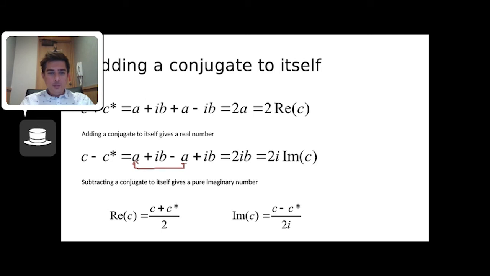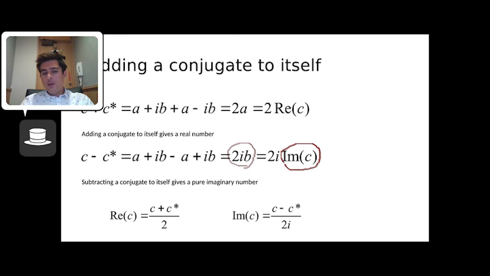This is plus ib, because the conjugate has a minus here, and a minus minus gives a plus, right? So you get 2ib, which is 2i times the imaginary part.